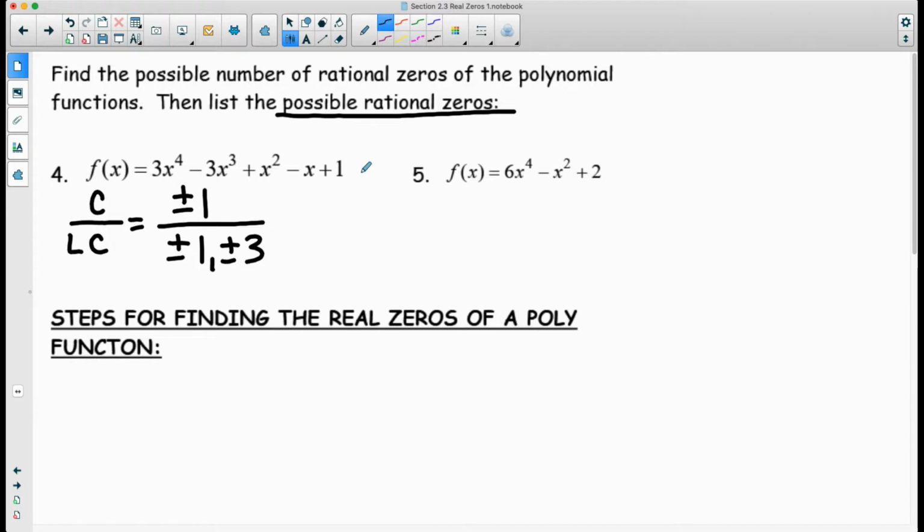All right, so to write your final answer, you're going to write 1 over 1, which is just 1, and 1 over 3. Okay, you have to write out all your numerators over all of the denominators. Okay, so like I said, this one's real nice. But that already has you doing synthetic division 4 times if you had to actually apply this. Okay?